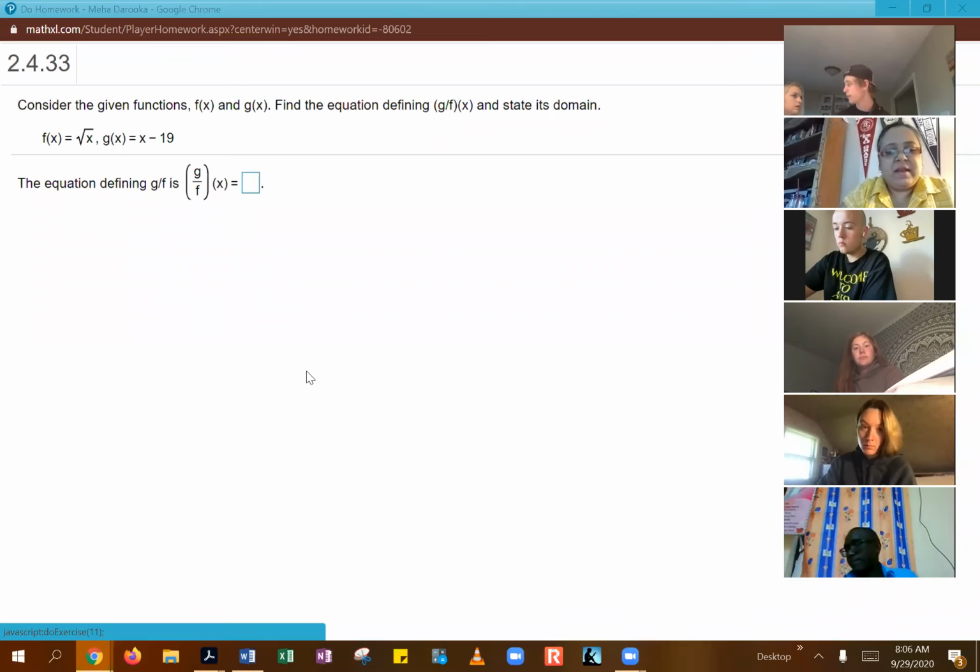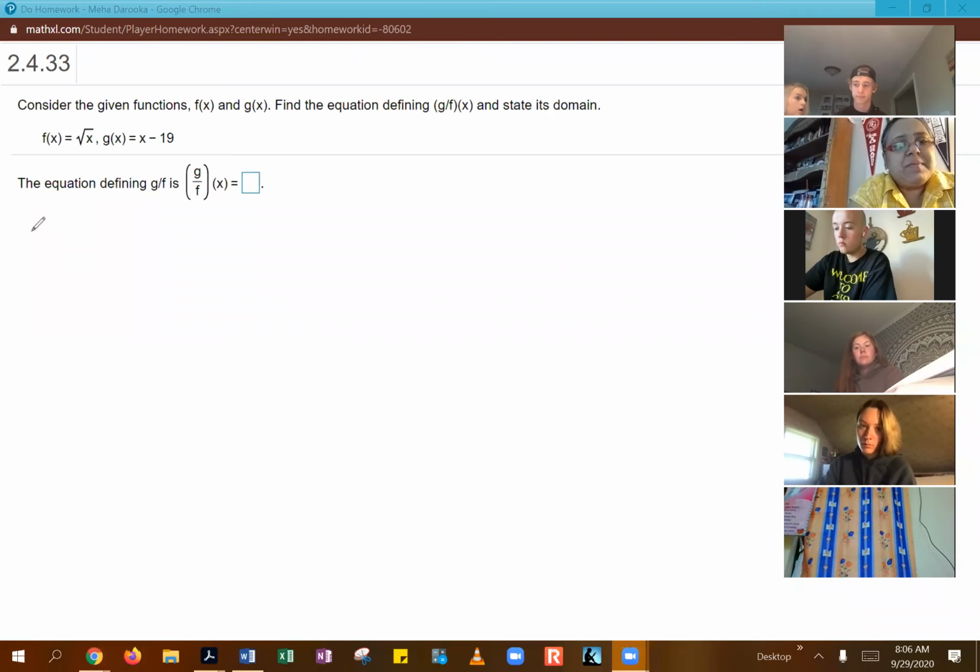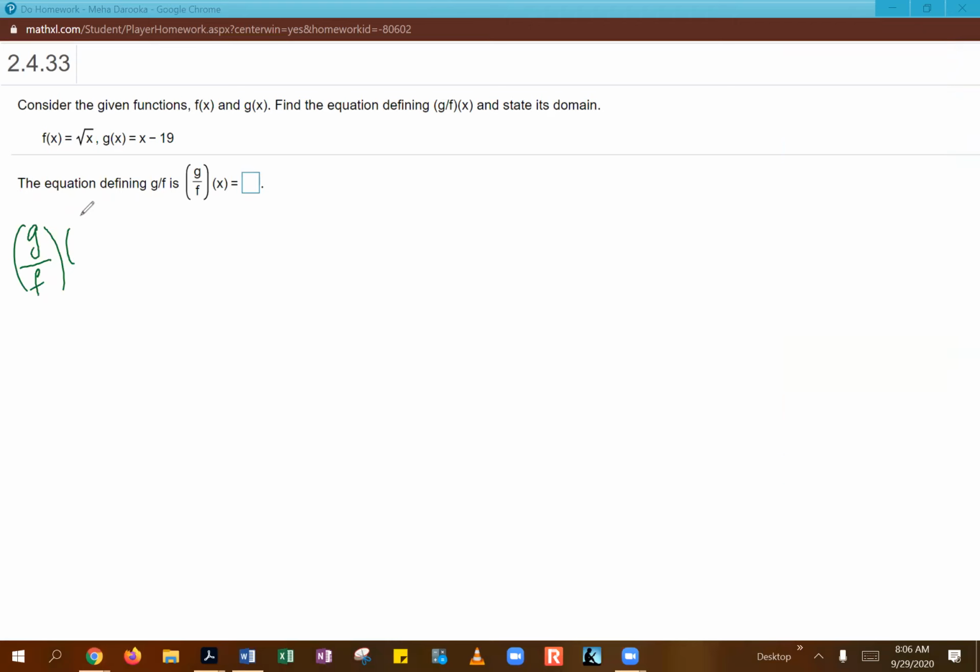So when they are giving us g over f, of course, by using the definition for these operations, you can basically see when we have g divided by f. Let's do this over here. So g divided by f of x basically means you're taking the g function on the top, dividing it by the f function on the bottom.